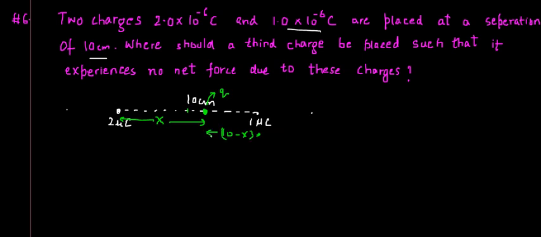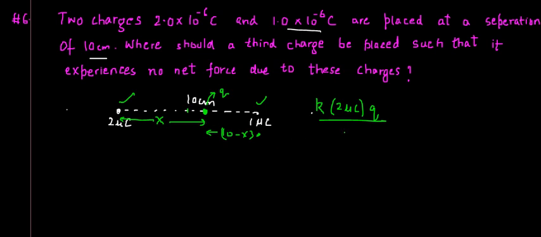Now this charge experiences no net force. It means the force exerted by this charge must be equal to the force exerted by the other charge on this one. So let us equate those two forces. The force exerted by this charge is K times 2 microcoulomb times Q divided by the distance square.